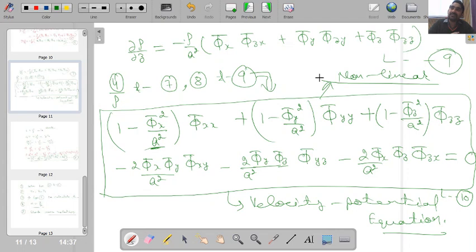Second approach is we can make this equation linear also. For making this equation linear, further there are two approaches. First approach is that we will be doing some coordinate transformation from one space to another space, so that some of the terms are getting vanished and we are getting our linear equation.